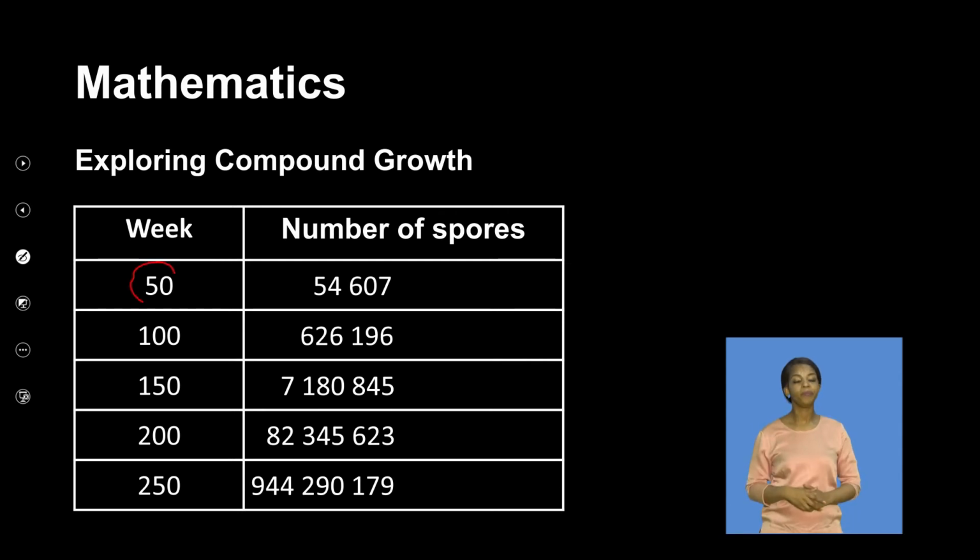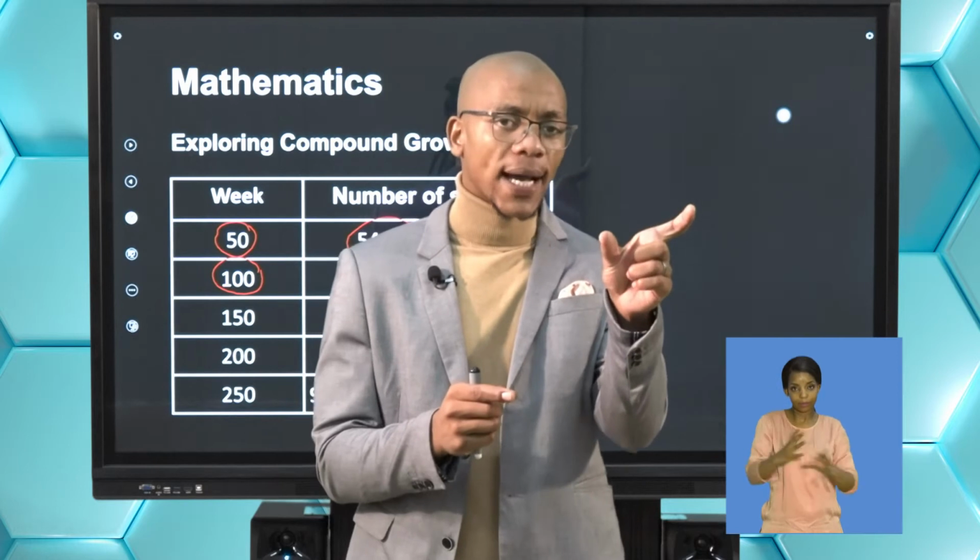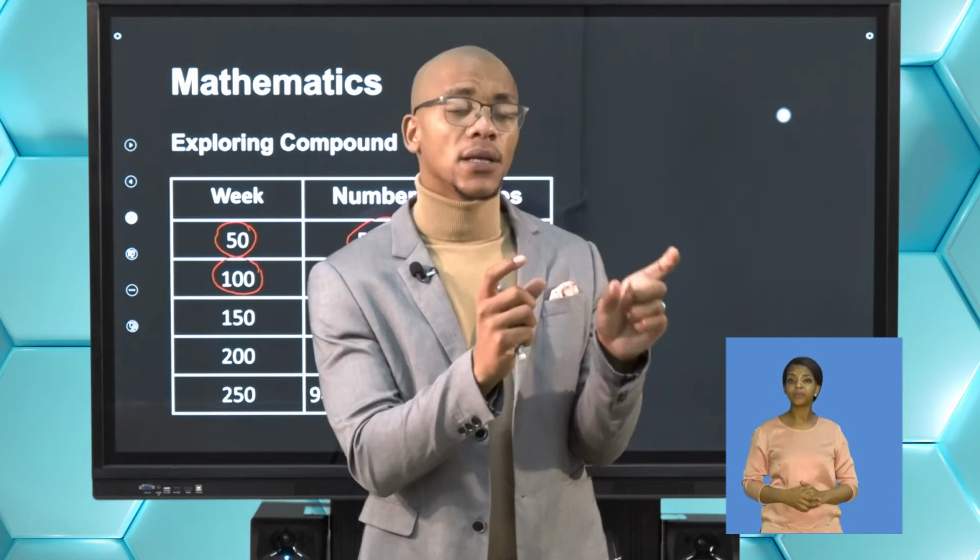And if you look at between 50 and 100, that's double the time, right? But when you look at the number of spores, it's way more than double whatever I started with at 50. So this goes back to that concept that we started with, to say the time it takes for us to have a smaller change is longer, but the time it takes for us to have a bigger change is actually smaller.